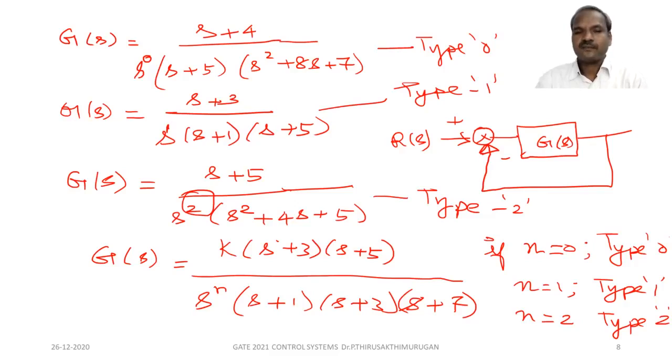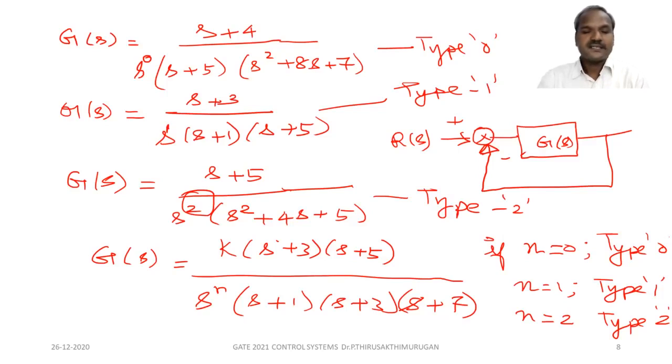So it is a type 0 system. G(s) equal to (s+3) divided by s(s+1)(s+5). Here s has 1 power, 1 degree, so this is a type 1 system. Similarly, in this system there are 2 integrators in the denominator, so this is called a type 2 system.